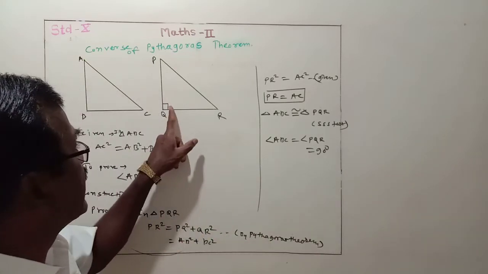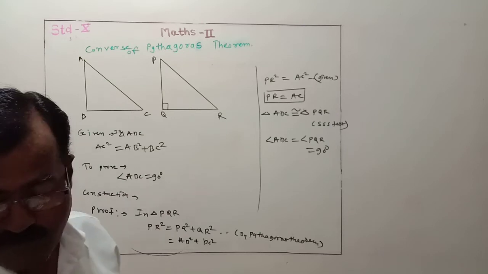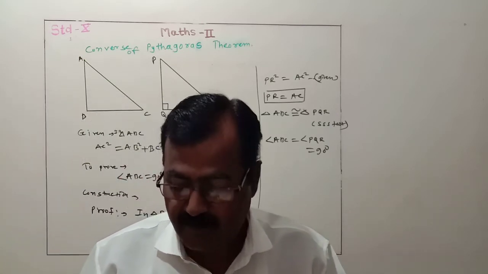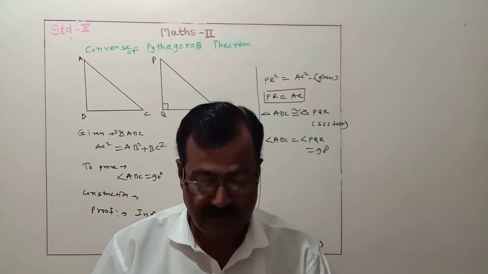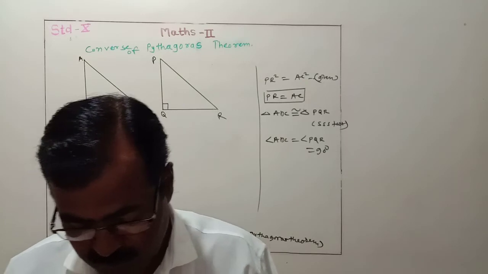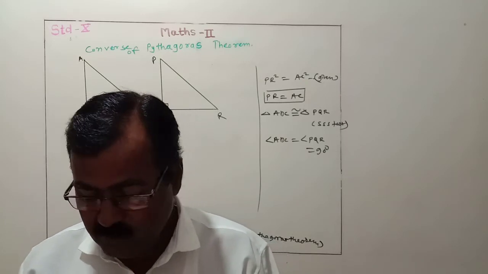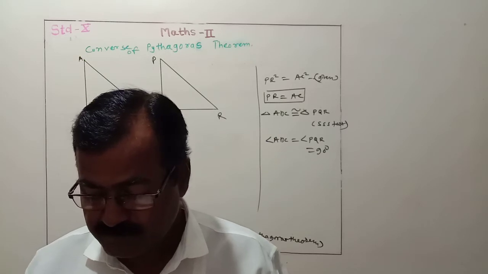Because Q is 90 degrees, therefore B is also 90 degrees. This is the proof of the converse of Pythagoras theorem. In the converse of Pythagoras theorem, in a triangle, if the square of one side is equal to the sum of the squares of the remaining two sides, then the triangle is a right angle triangle.